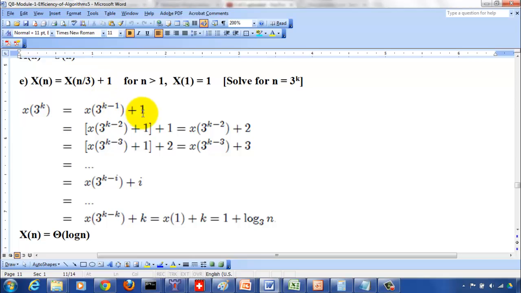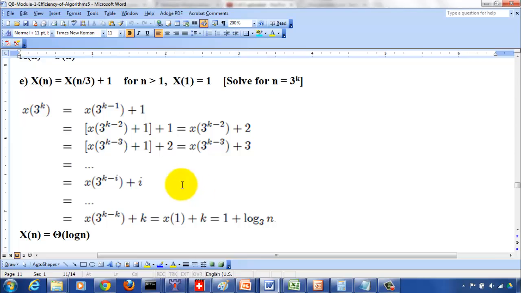So now x of 3 to the k minus 1 is again from this x of 3 to the k minus 2 plus 1, and this plus 1 comes as it is. So it's x of 3 to the k minus 2 plus 2. Then x of 3 to the k minus 2 is x of 3 to the k minus 3 plus 1. Then plus 2 is already there, so it's x of 3 to the k minus 3 plus 3. And we can go up to x of 3 to the k minus i plus i.